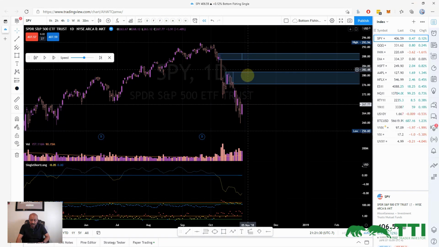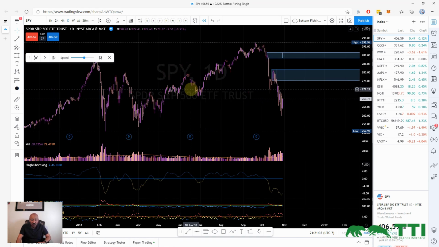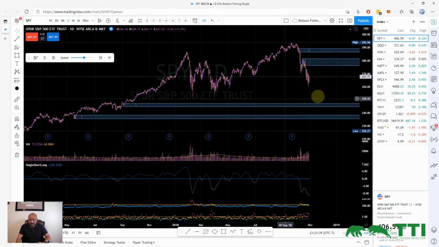So we have this order block and this order block yet to be fulfilled, and if we play it, we will see where it ended. So here now we have a couple of order blocks that are still not fulfilled yet.